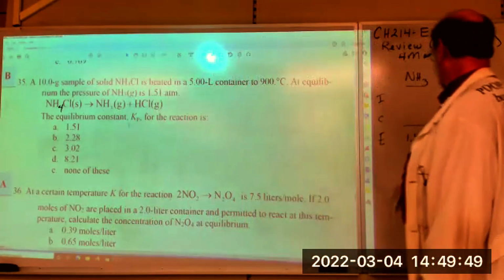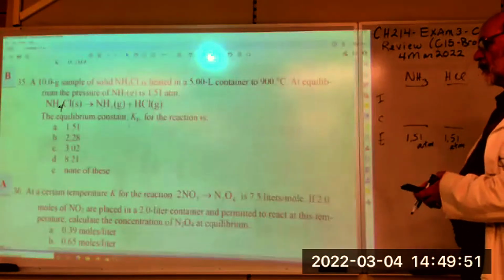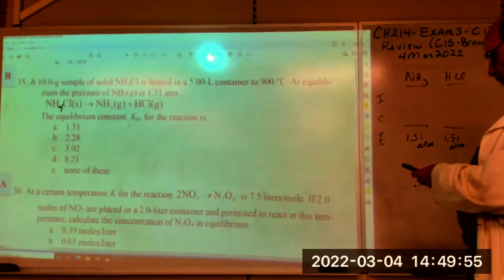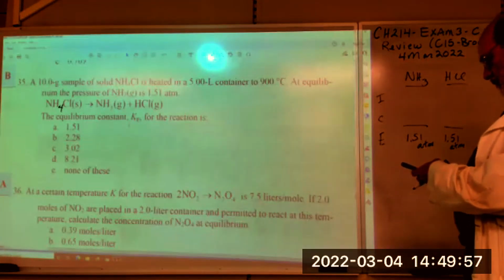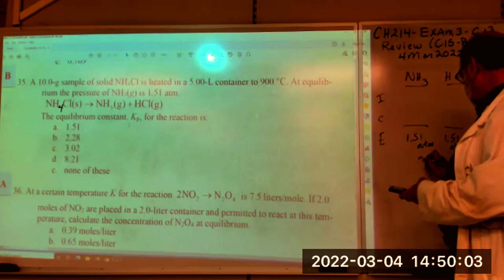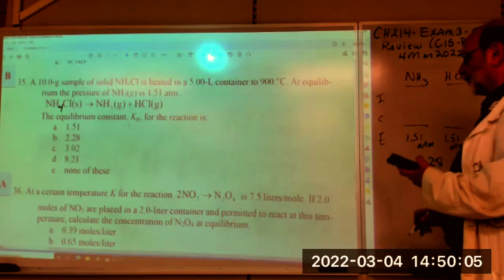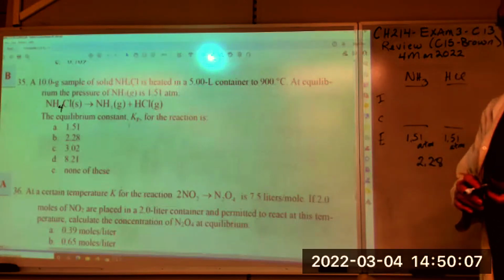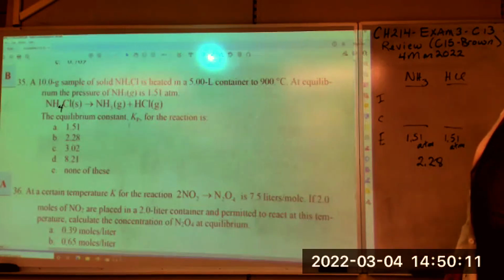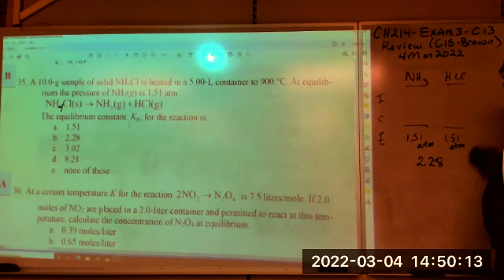So Kp is going to be those two squared. 1.51 squared is 2.28. B. That make sense? Okie doke.